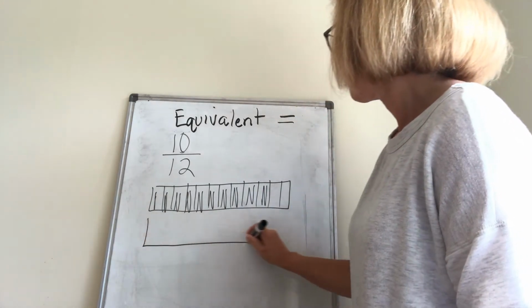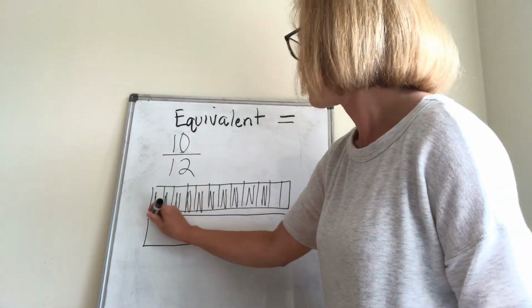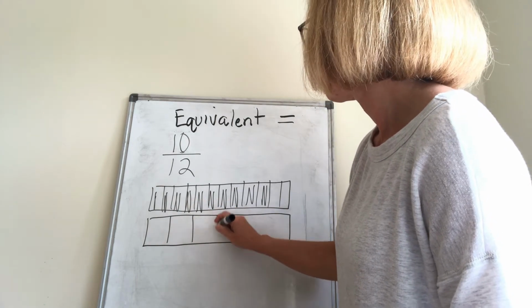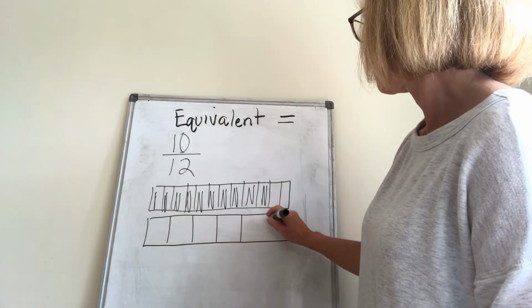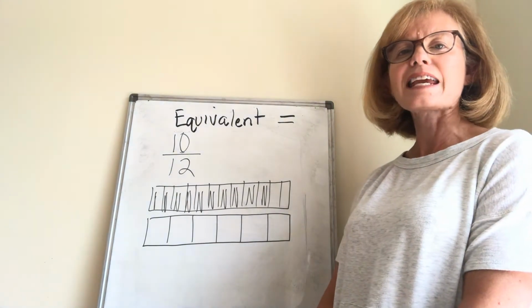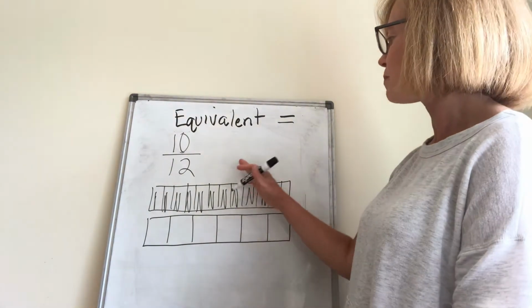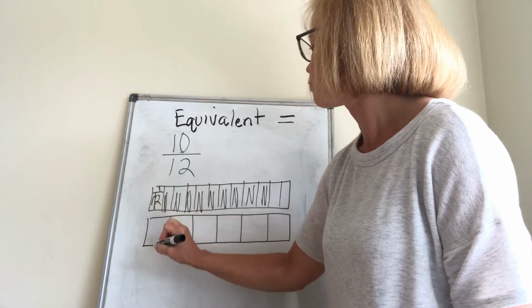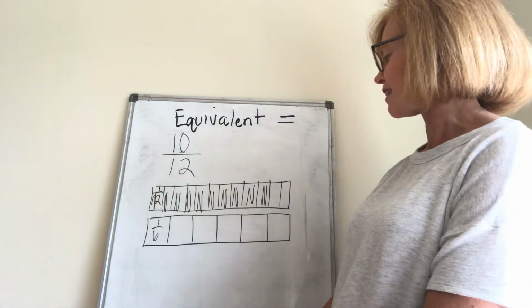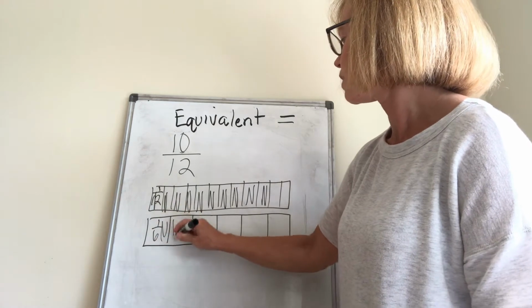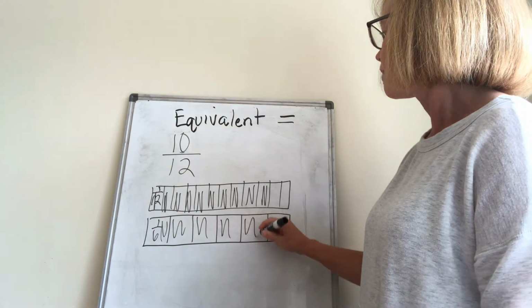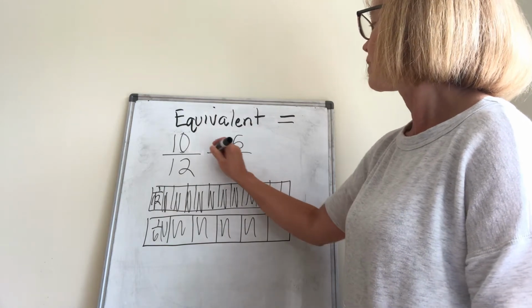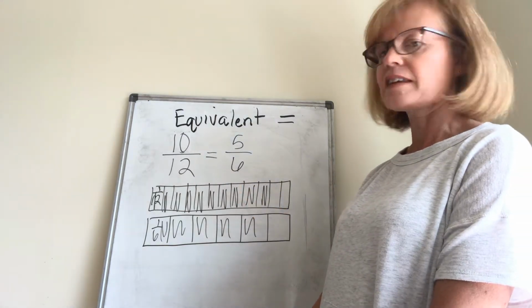Underneath here, remember last time I did this, I had an object, same size, but instead of being divided into 12ths, each of these is 1/12, they were divided into 6. And if you remember, I said 1, 2, 3, 4, 5, 6 is the same as 10/12.